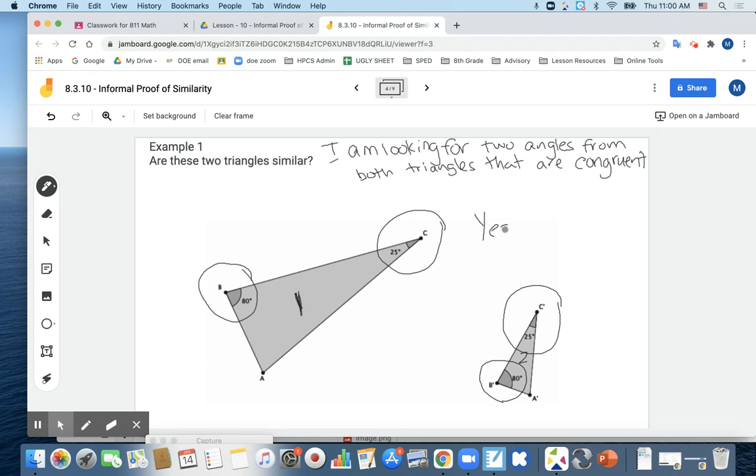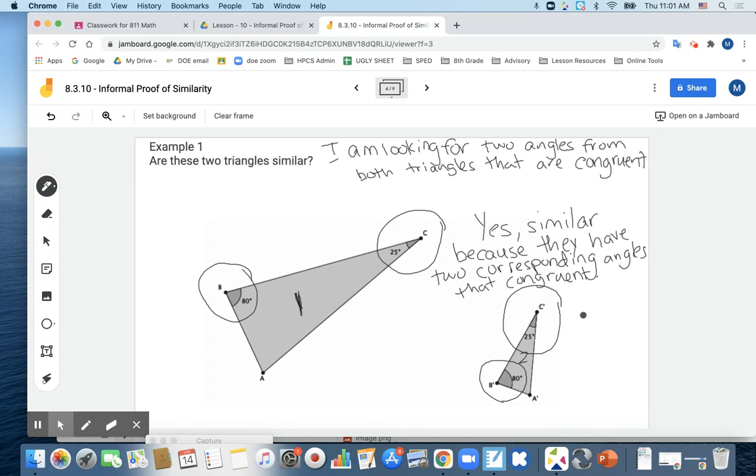So yes, these are similar because they have two corresponding angles that are congruent. This was an easy one because they gave you the angles and the numbers, and they're the same corresponding angles, B and B, C and C.